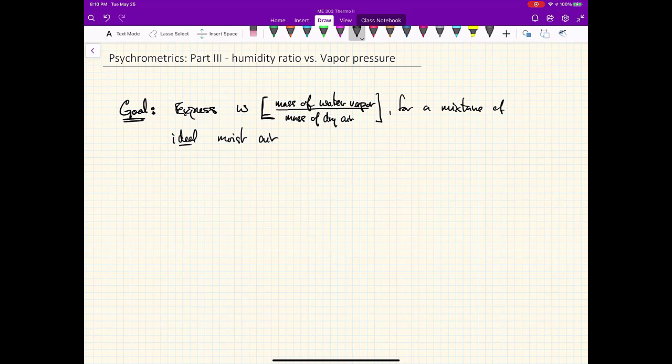You could say that moist air has a total mass of M sub mix, if you will, which is composed of both dry air and vapor.